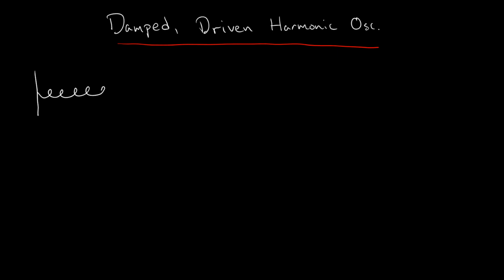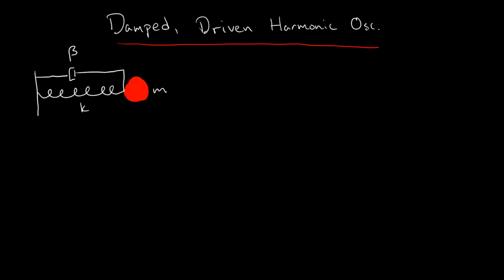Say I'm attaching a spring or a mass to a spring over here. Give it mass m. Give the spring some spring constant k. But I'm also going to include what people typically call a dash pot on this. And it'll have some characteristic damping of beta.